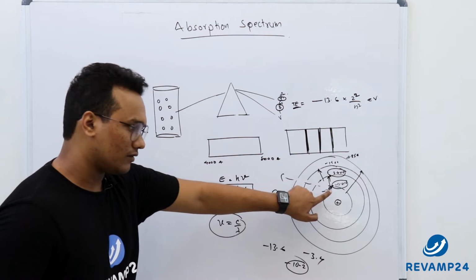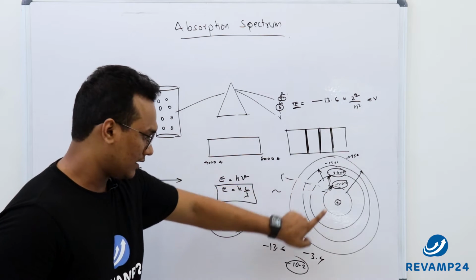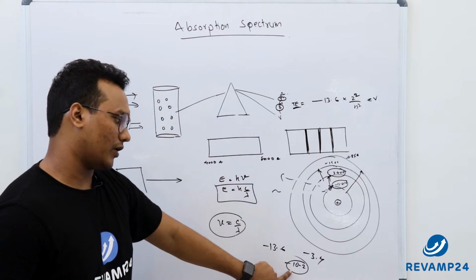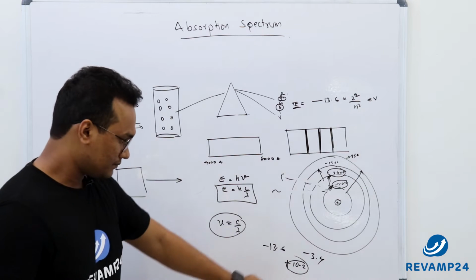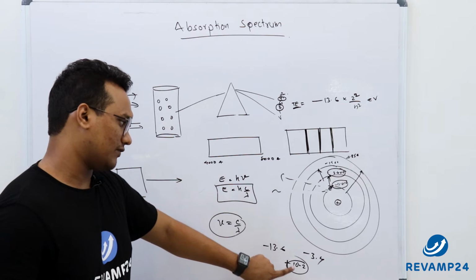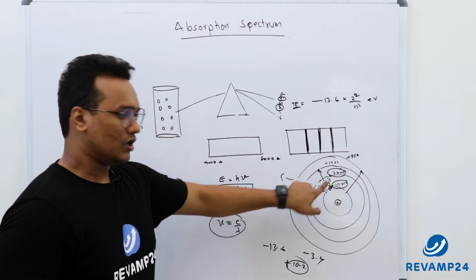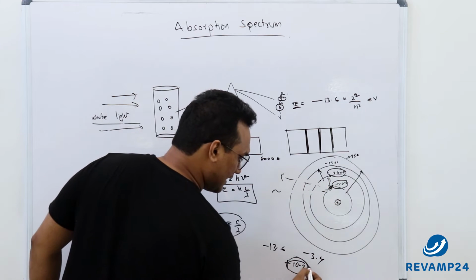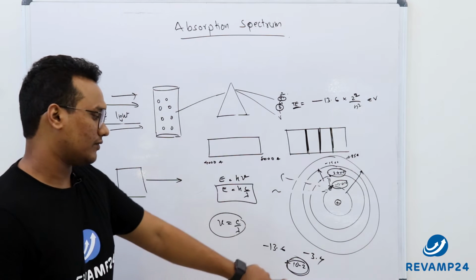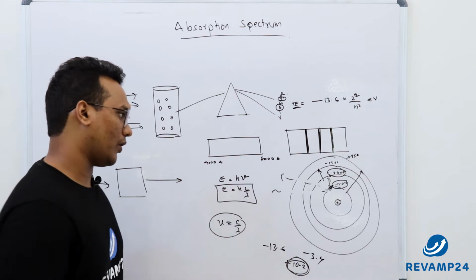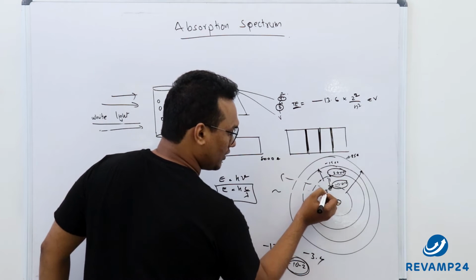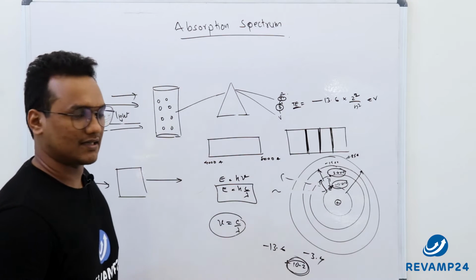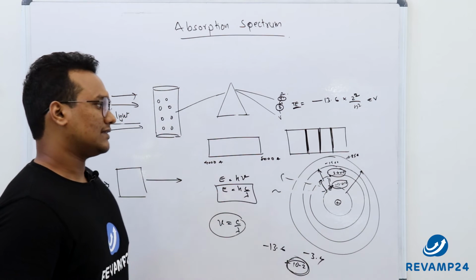When an electron in the first orbit takes an energy of 10.2, minus 13.6 plus 10.2 will become minus 3.4. So it can only accept the radiation which has an energy of 10.2. That 10.2 is for the 1 to 2 transition, that is from the ground state to the second orbit.